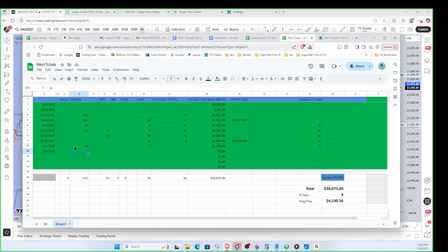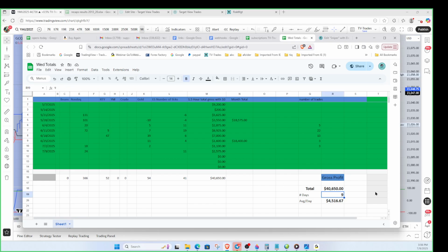But here, right now, on the NQ, we're sitting at 24 ticks. Okay, and on the Russell, we have no ticks. And on the ES, where's the ES? Here it is. On the ES, we have 11 ticks. So on this session right now, with 10 contracts on, we're up $2,575. With 1 contract on, we're up $257.